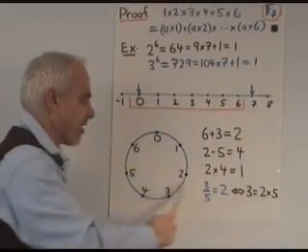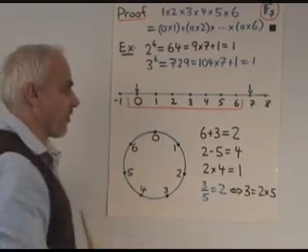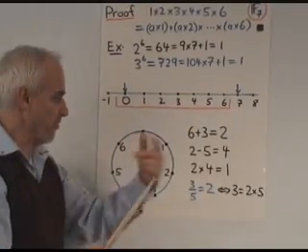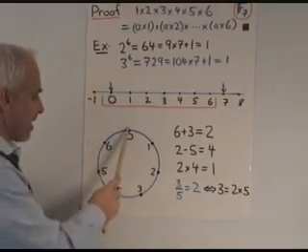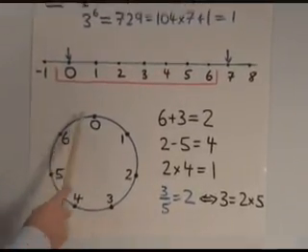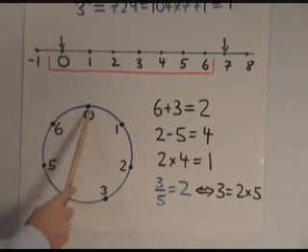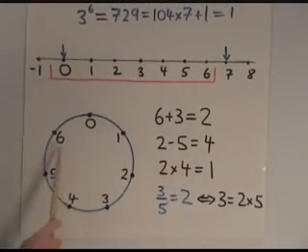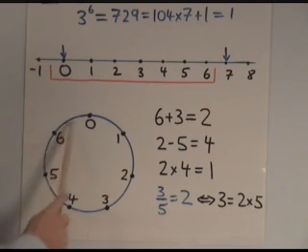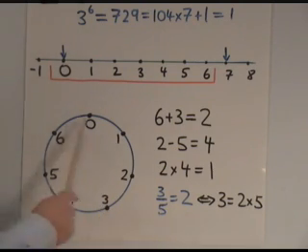We can wrap this number line around to form a circle because of that repetitive nature. This way 0, 1, 2, 3, 4, 5, 6, 7 goes back to 0. So 7, 8, 9 is the same as 0, 1, 2. So another way of thinking about F7 is as 7 points on a circle. And you do arithmetic sort of the way you usually do on a number line.